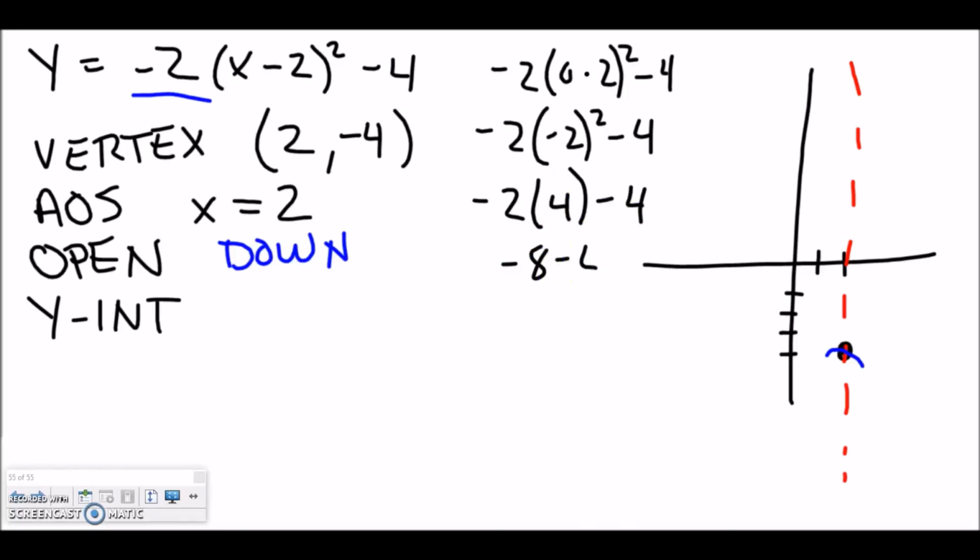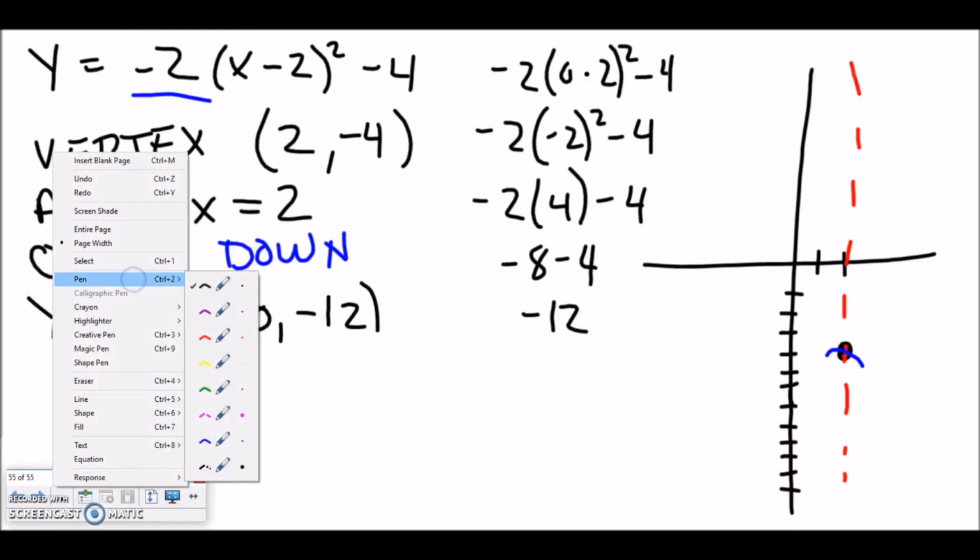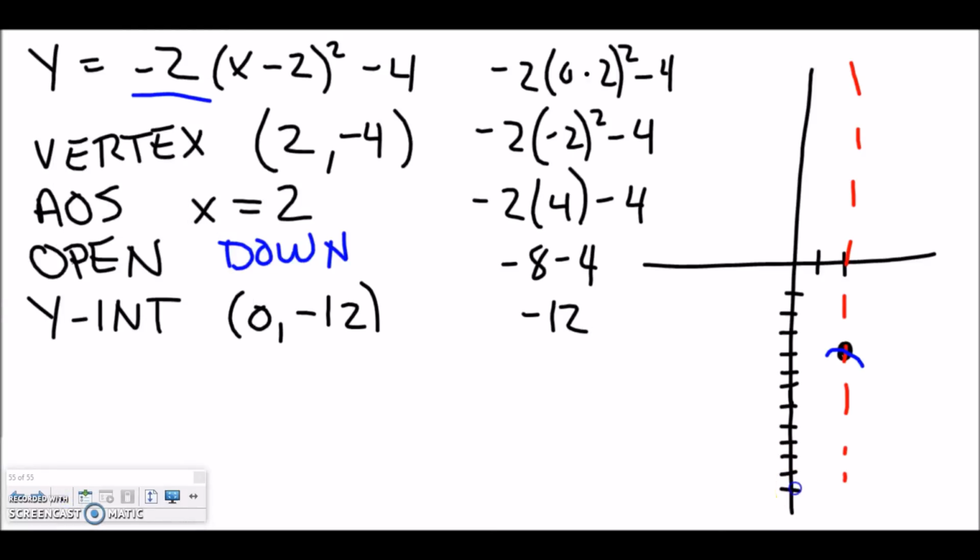That's -8 minus 4, and that's -12. So (0, -12). And that makes sense because we know it has to open down. We just found that it would go to (0, -12), so that looks about right because it opens down.